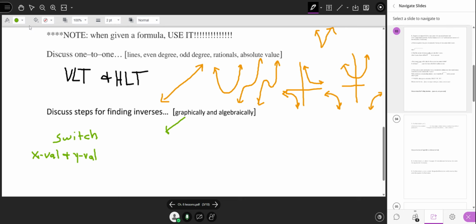Now, algebraically, and I need to type this.